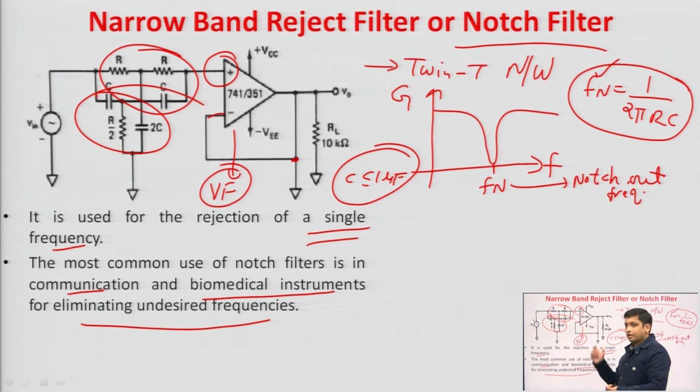Corresponding to this C and Fn we will get some value of R. Just put these values of R and C in this circuit, then it will reject that particular frequency. So, this is the design methodology for notch filter. So, it is very easy, in fact, very straightforward, fine. So, this is about the narrow band reject filter, that is notch filter.